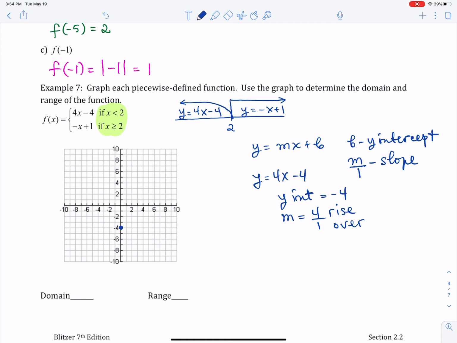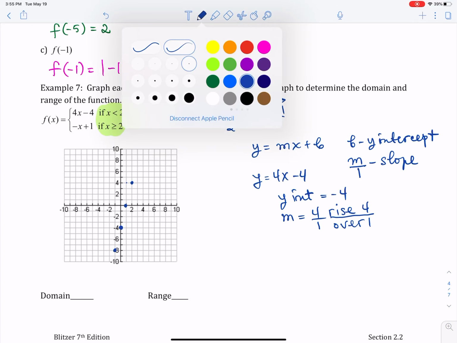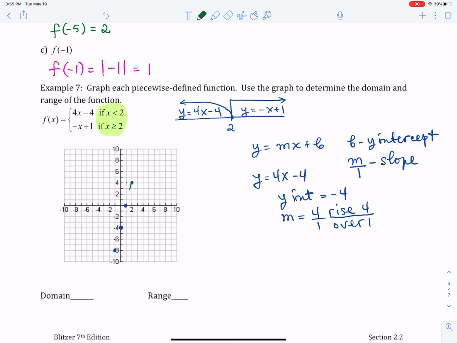So I'm going to rise up 4, run 1, and so on and so forth. I'm going to graph it with a different color. Let's see that color right here.